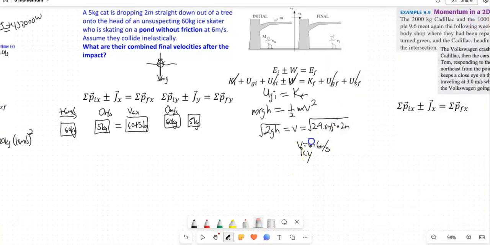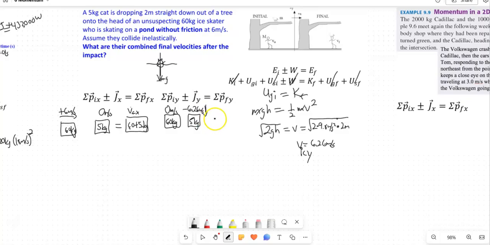Glad. See? That's why I don't trust myself. So the kitty cat is traveling down at negative 6.26 meters per second when he hits.